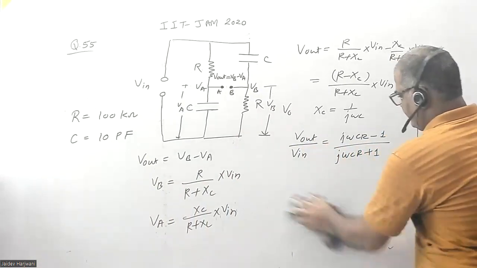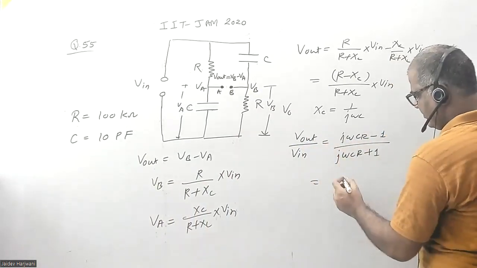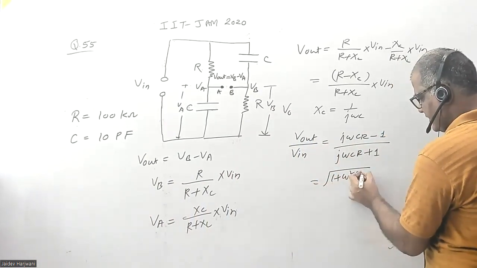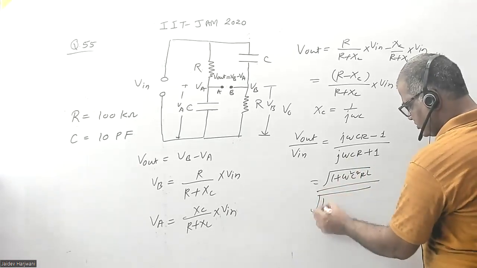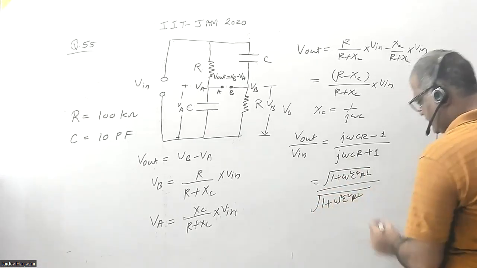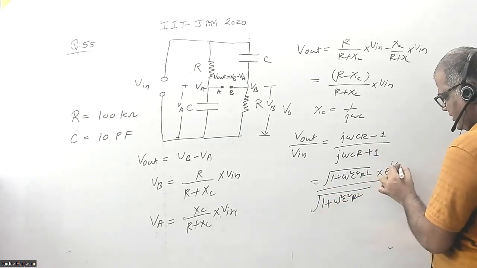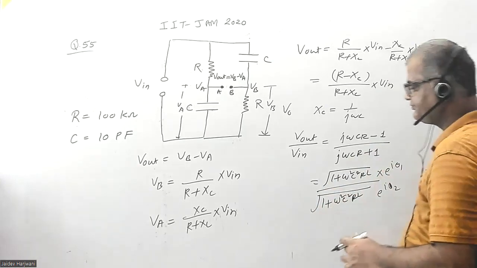So let me write this in the form of phase. The magnitude of the numerator will be the square root of 1 plus omega square C square R square. Similarly, the magnitude of the denominator will also be the square root of 1 plus omega square C square R square. Let me call the phase of the numerator theta 1 and the phase of the denominator theta 2.